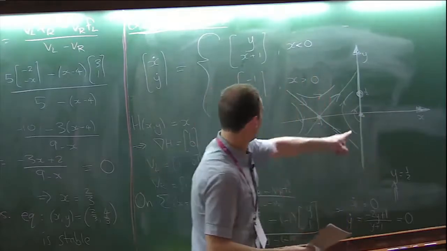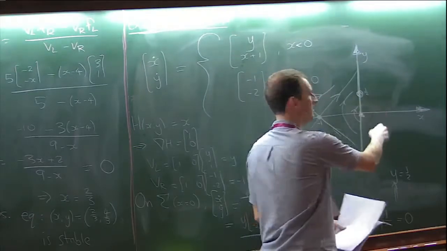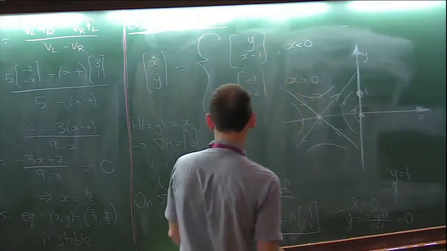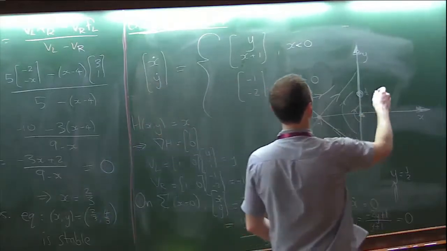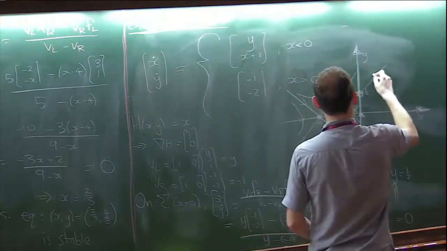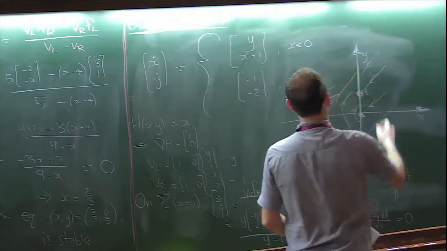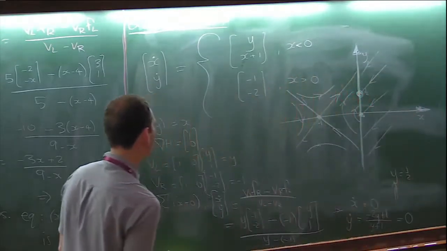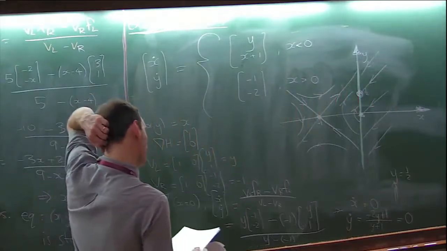It's an invisible fold because the tangent trajectory is on the right. And on the right, I've got -1, -2, so that's... what else can we do?